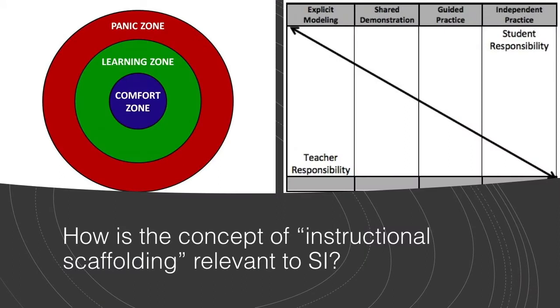So one of the terms that I put on your worksheet for you to look into prior to beginning this video was the concept of instructional scaffolding. And instructional scaffolding is part of a larger learning theory that we are not going to get into today, but what the valuable bottom line of that idea is, I think, is this idea that learning happens within a zone that exists between where we are comfortable and where we are uncomfortable.